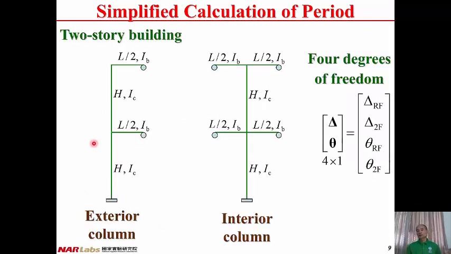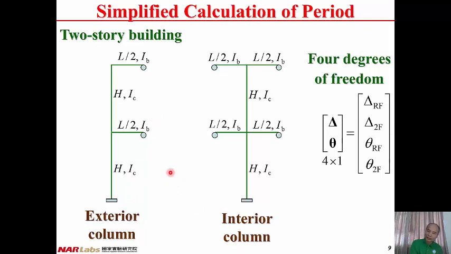And then we move to two-story building. With the same assumption, the inflection point of the beam occurs at the midpoint, so that we can decompose all the column lines along the earthquake direction into exterior columns and interior columns.